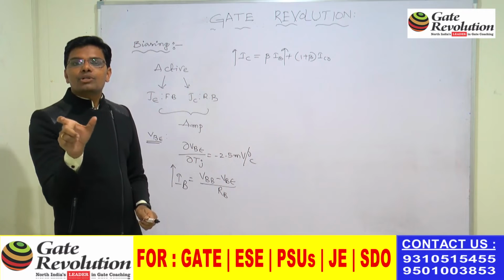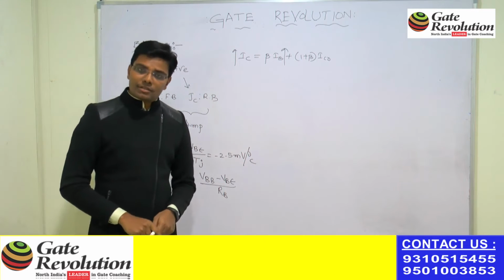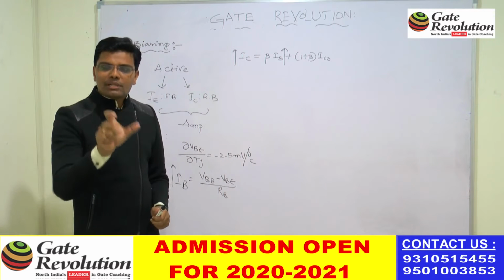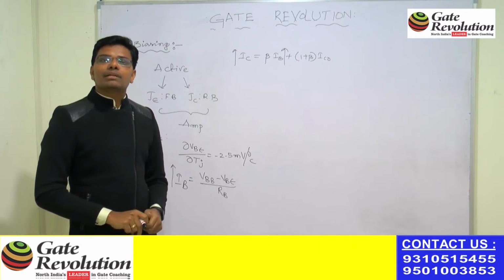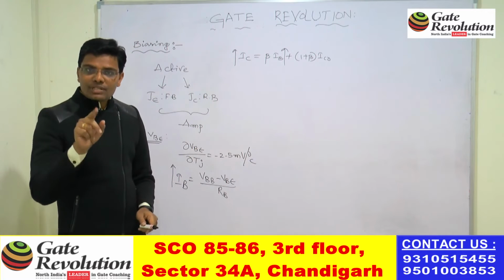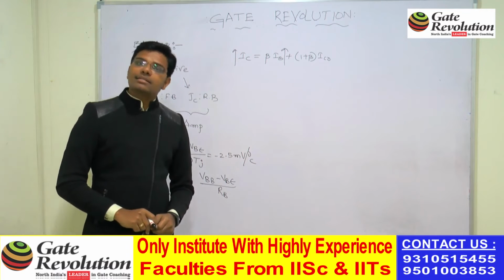If the operating point shifts, automatically the output distorts and the stability decreases. So to increase the stability, or to generate output as the exact replica of the input, we have to use biasing circuits: fixed bias, collector to base bias, emitter resistance bias and self bias.